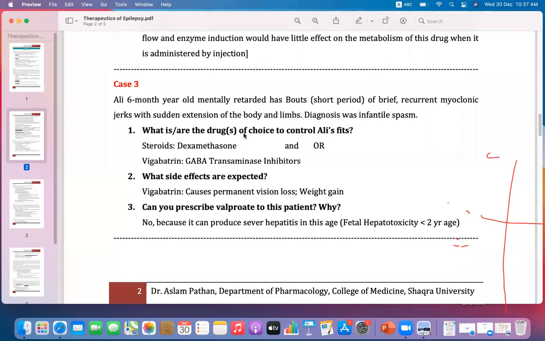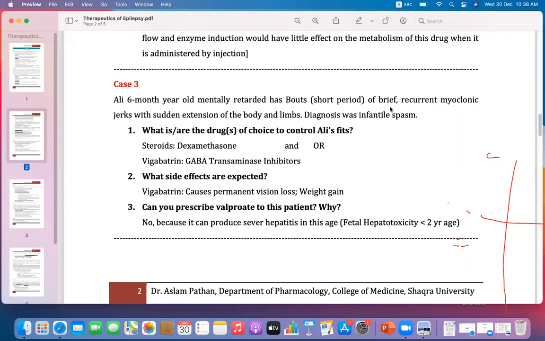Here, the steroids, dexamethasone, and vigabatrin, which is a GABA transaminase inhibitor. The GABA transaminase inhibitors increase the level of GABA at synapses and control the seizures. So vigabatrin and dexamethasone are the preferred drugs in the management of infantile spasm.